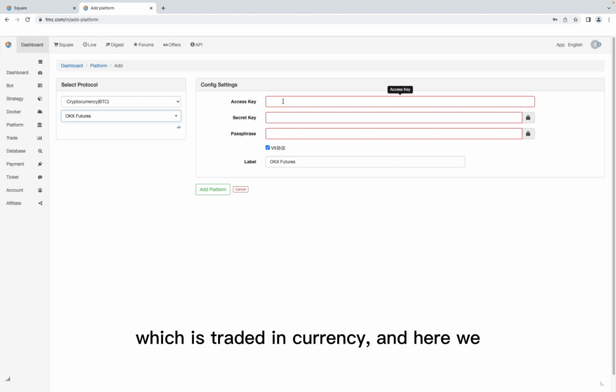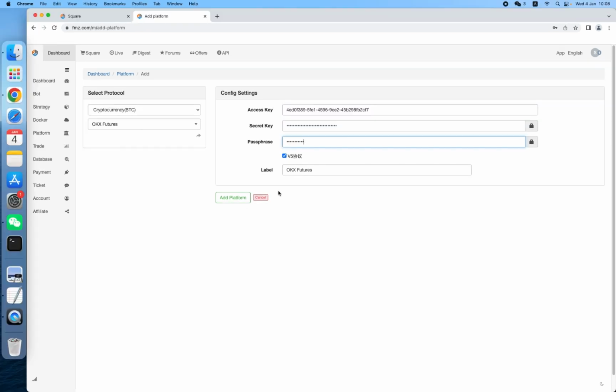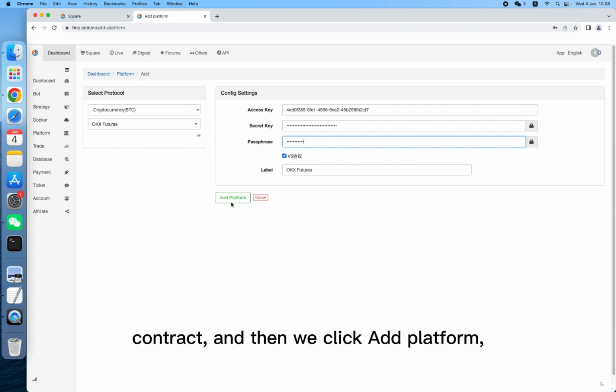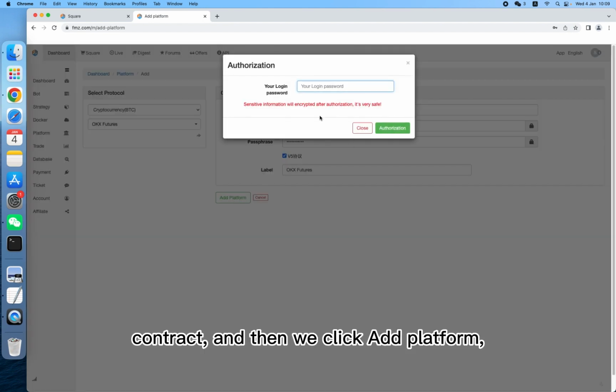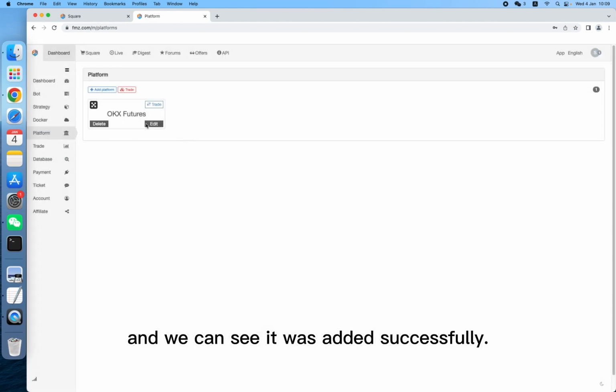And here we input the access key, secret key and passphrase. After that, don't forget to check the V5 contract. And then we click Add Platform and input our password again. Click Authorization, and we can see it was added successfully.